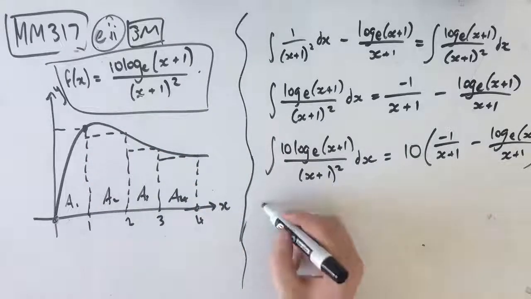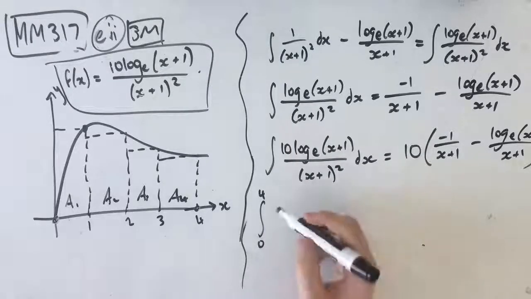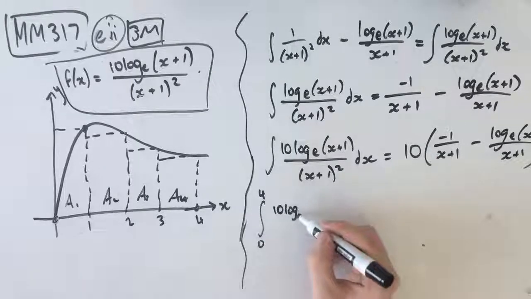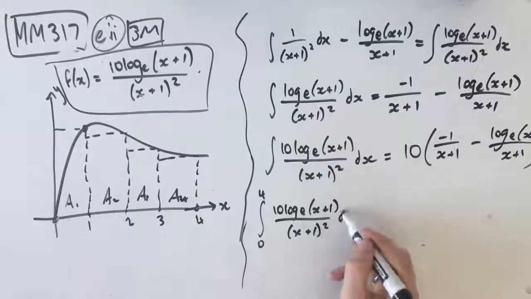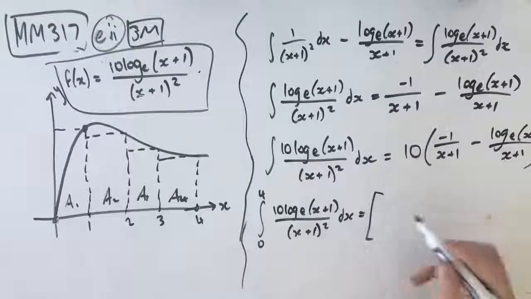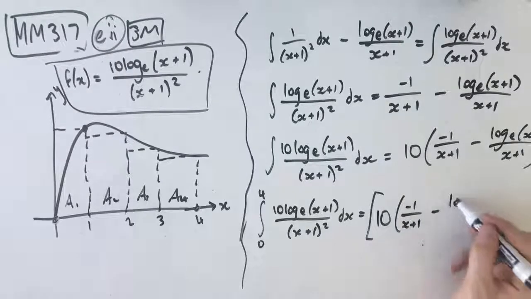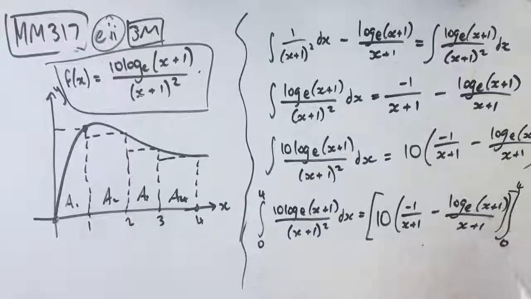So that means that the integral from 0 to 4, actually, the next step will be a second mark. So from 0 to 4 of 10 log e of x plus 1 over x plus 1 squared dx is equal to 10 times negative 1 over x plus 1 minus log e of x plus 1 over x plus 1, from 0 to 4.